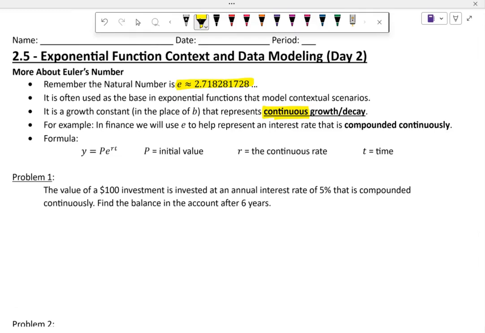And that is the key word that we want to look for: continuous. When we are told a situation is continuous, this is the formula we will use. Y equals P times e to the rt. I call it the PERT formula. P-E-R-T.